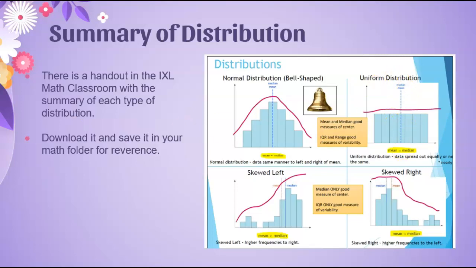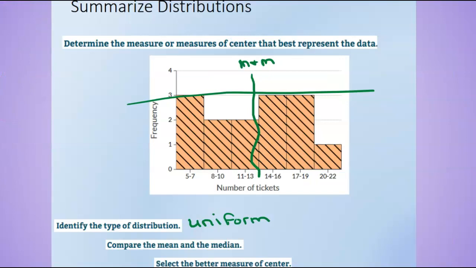So either one of those would be a good measure of center. So the mean and the median, the M and the M, are pretty equal. And because of our handout, we know that the best measure of center could be either one. It could either be the mean or the median, because they're the same, or approximately the same.